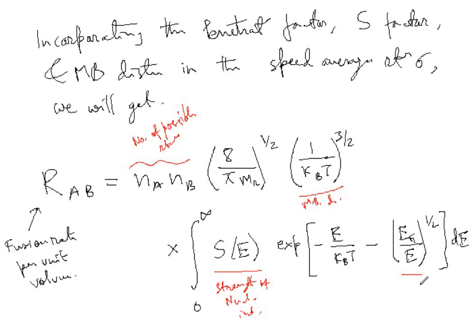It indicates basically the probability of tunneling through the Coulomb barrier. And what about this E by k_B T? Again, this is the Maxwell Boltzmann thermal energy distribution. Okay, so I have explained to you each of the terms over here.